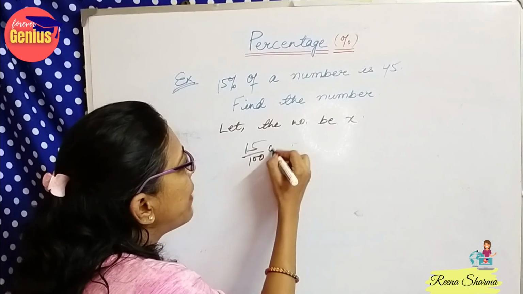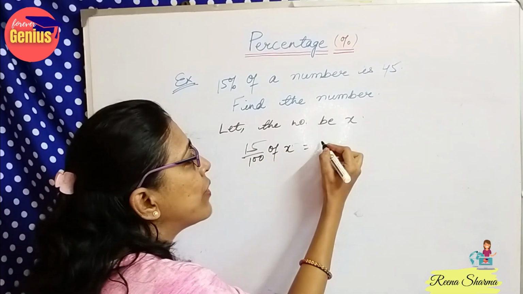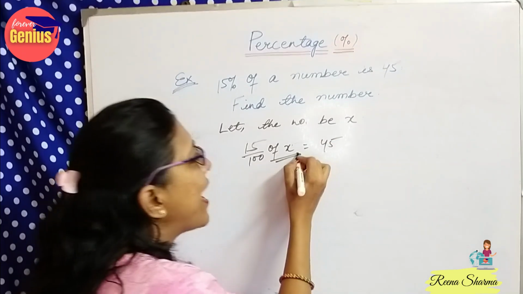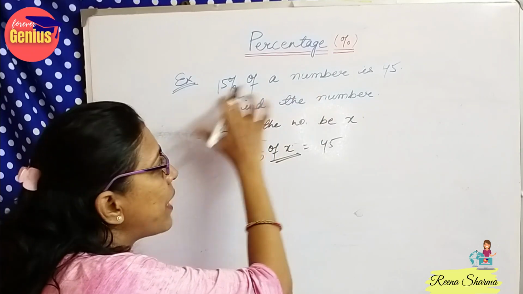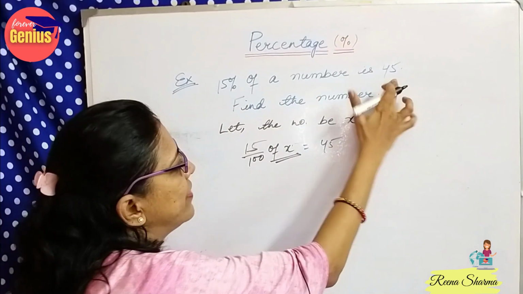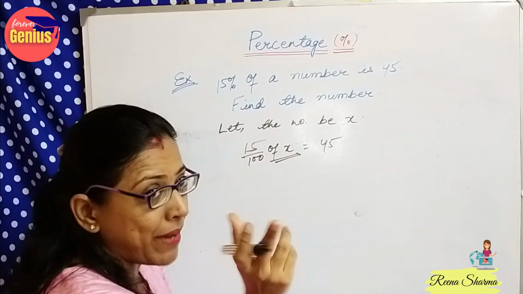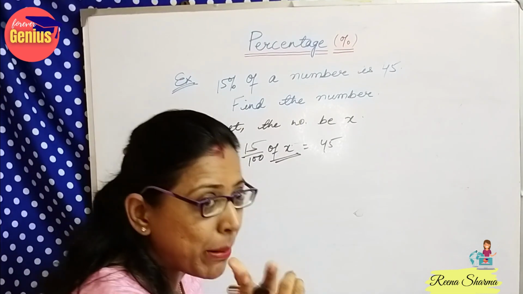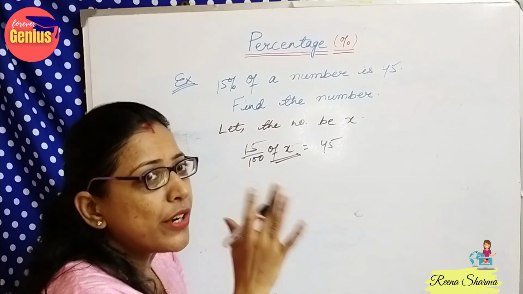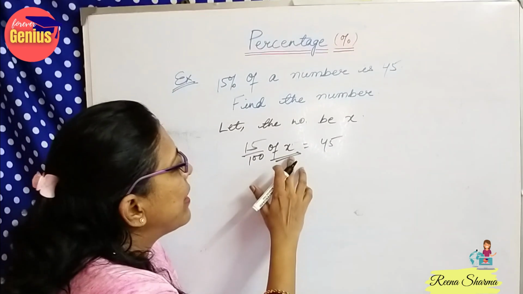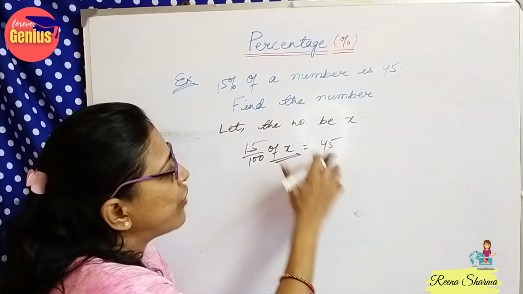So 15% of x is equal to 45. Why of x? Because 15% of a number is 45. That's why we multiply with the number, the original value. Do you remember? We did that, we multiply with the original value. Here we don't know the value, so we multiply with x. This is equal to 45.